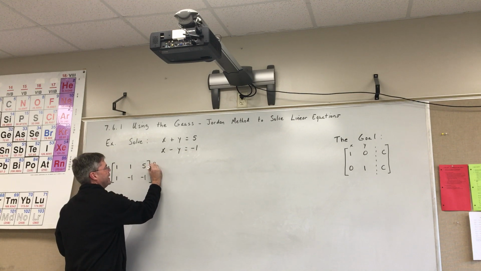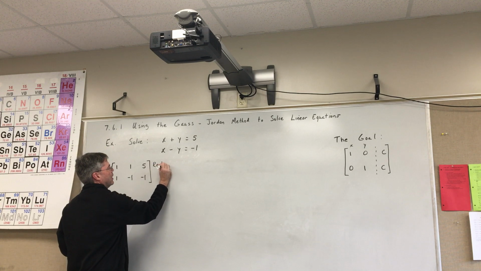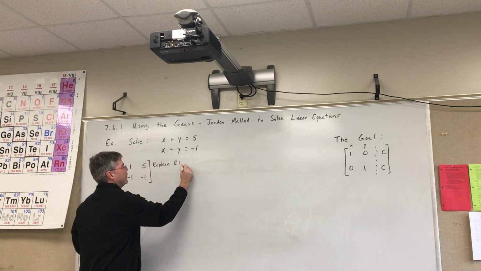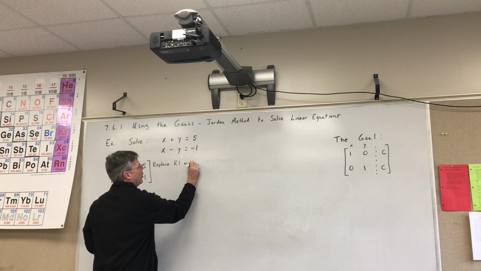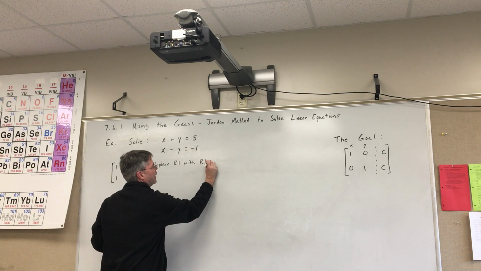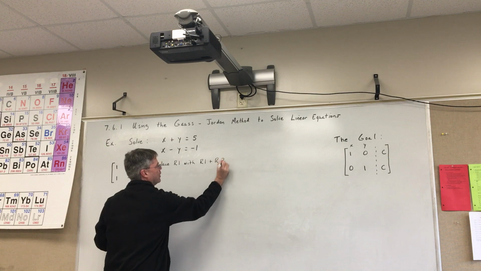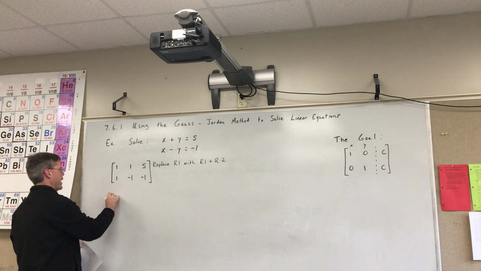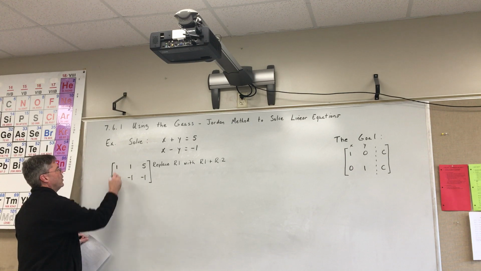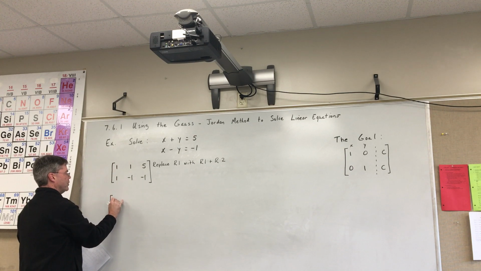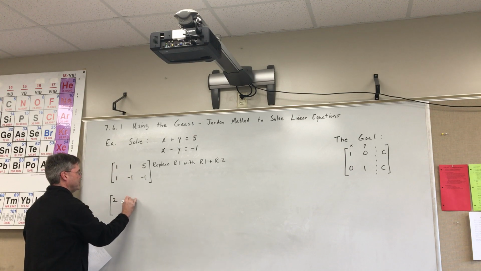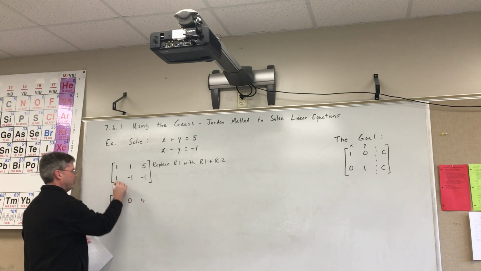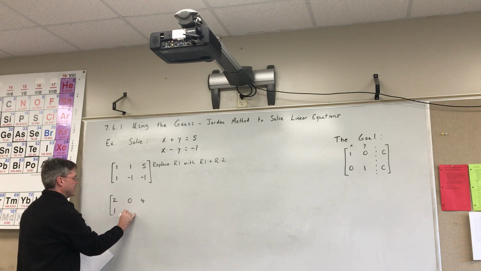So we're going to replace row 1 with row 1 plus row 2. Okay, if we do that, 1 plus 1 is 2, 1 plus negative 1 is 0, 5 plus negative 1 is 4, and then we're just going to recopy the second row.